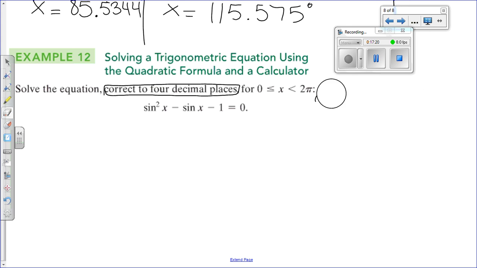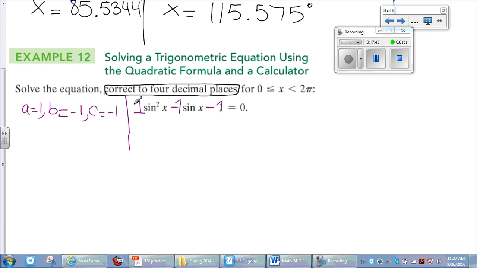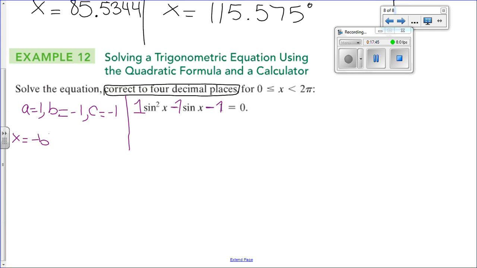So what we're going to do is use the same coefficients that we have here. The coefficient here is a 1, here is a negative 1, and the constant term is a negative 1. So I'm going to say that A is equal to 1, B is equal to negative 1, and C is equal to negative 1. So for the quadratic formula, we have negative b plus minus the square root of b squared minus 4ac, everything divided by 2a.